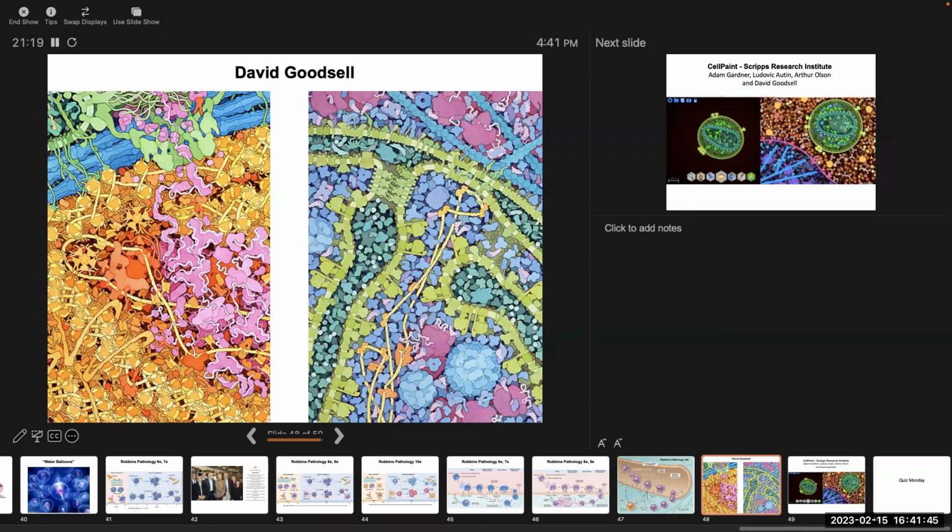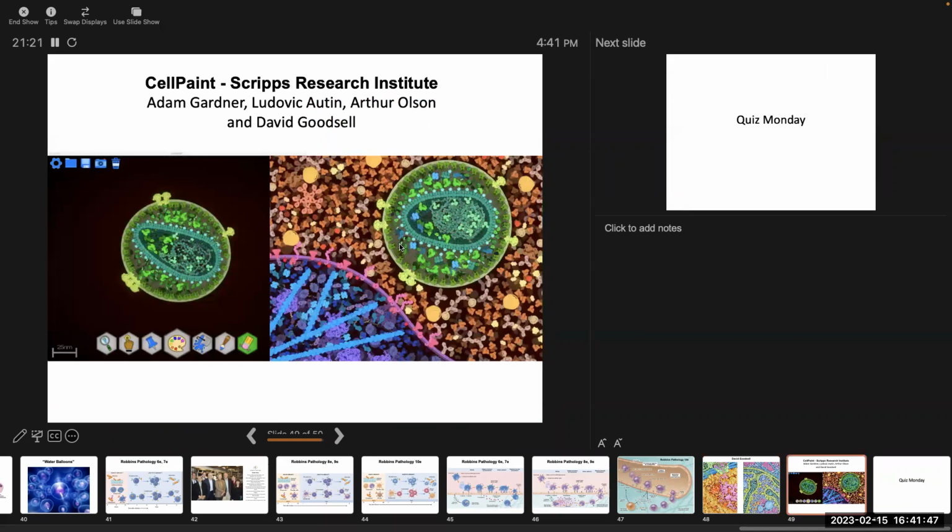And David Goodsell was also part of developing a little piece of software, which if anybody wants to search for it, you can just do a Google search for Cell Paint. It's a fun little program that actually lets you paint with molecules.